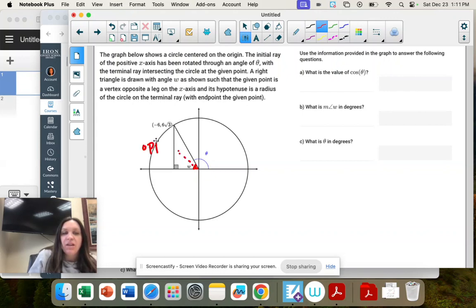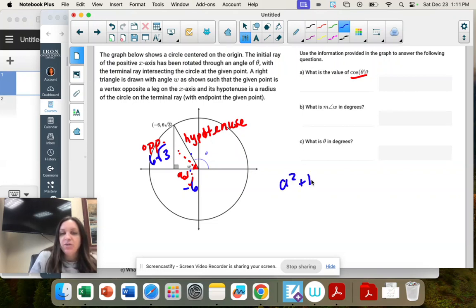Here we have the opposite side, an adjacent side, and then the hypotenuse is across from the right angle. And we have cosine, so we need adjacent over hypotenuse. Well, the adjacent side is our x value. We're going back 6 and then up 6 square roots of 3.